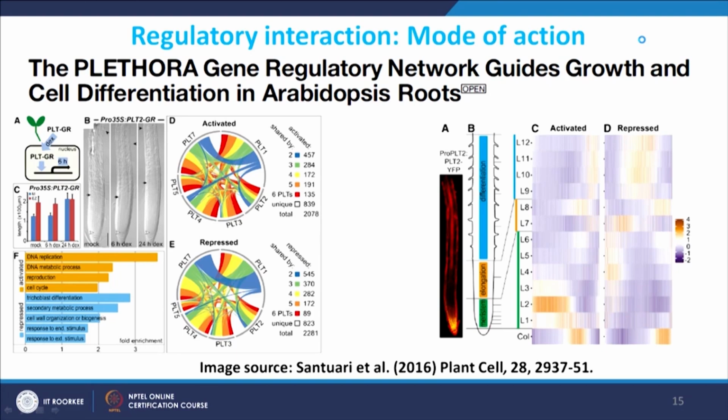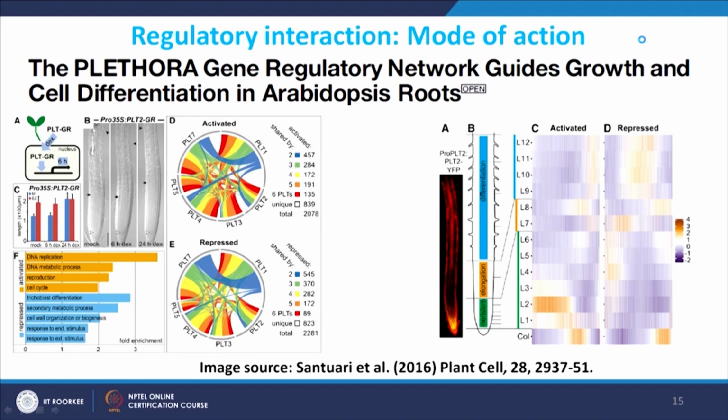Then another very important thing, particularly with transcription factors, is that if you want to nail down the mechanism, how a particular transcription factor is regulating a particular developmental pathway, you have to identify which genes are regulated by this transcription factor. And this you can do again at the gene level, or at the global level.